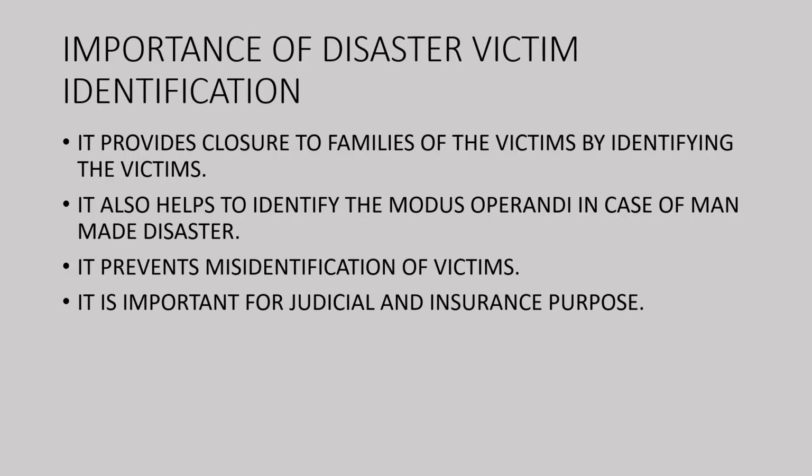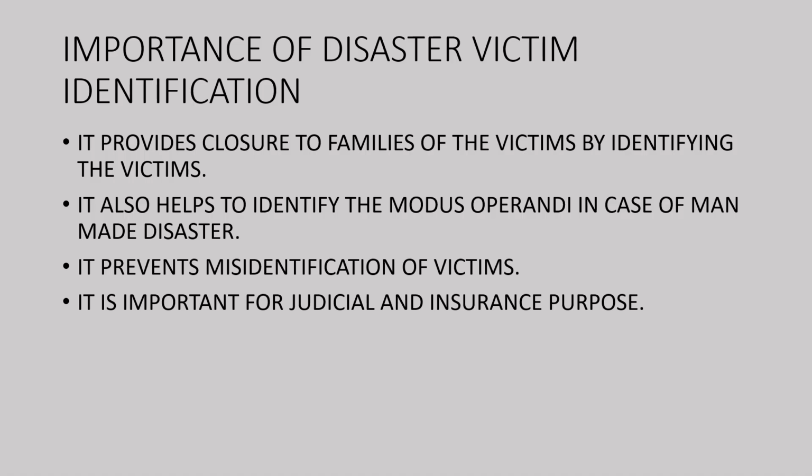Now comes the importance of disaster victim identification. After any disaster, it is the right of the members of that person's family to get the information, or basically the dead body or the corpse. But in many disasters, it is not possible to get the whole corpse of the person.